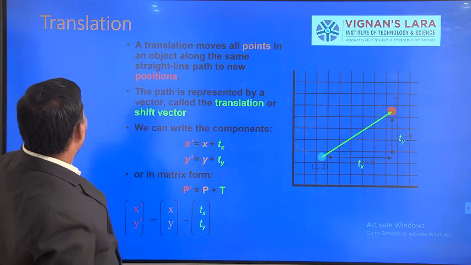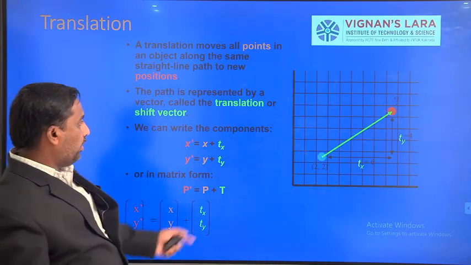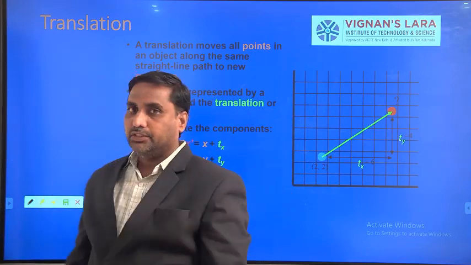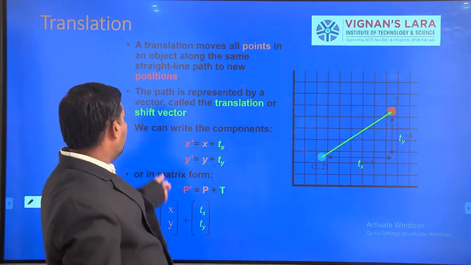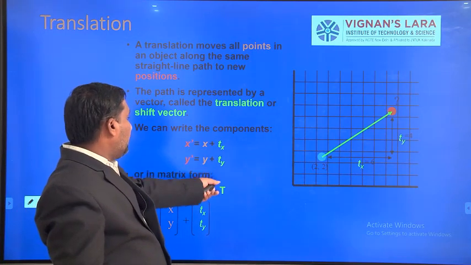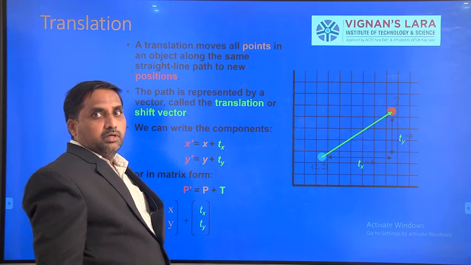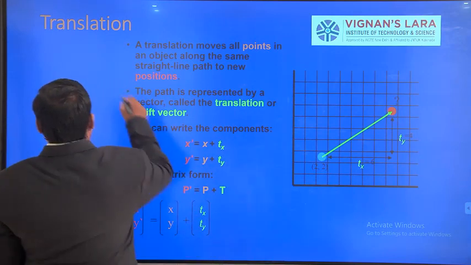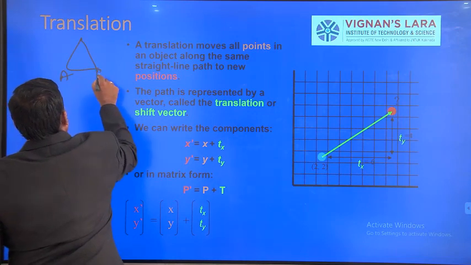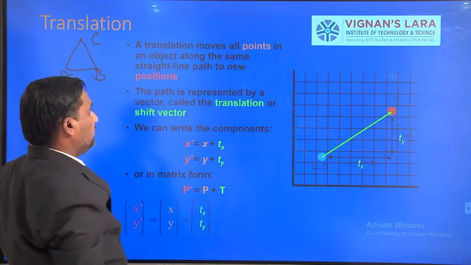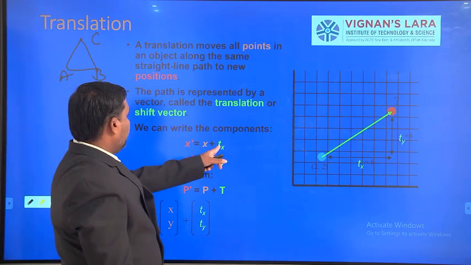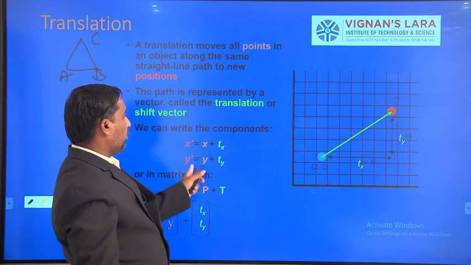Now I have completed the translation. One point is translated to this point. Suppose a triangle is there, then what happens? The translation matrix is the same, dx and dy. Suppose I have a triangle A, B, C and I want to translate this triangle by Tx in the x direction and Ty in the y direction.